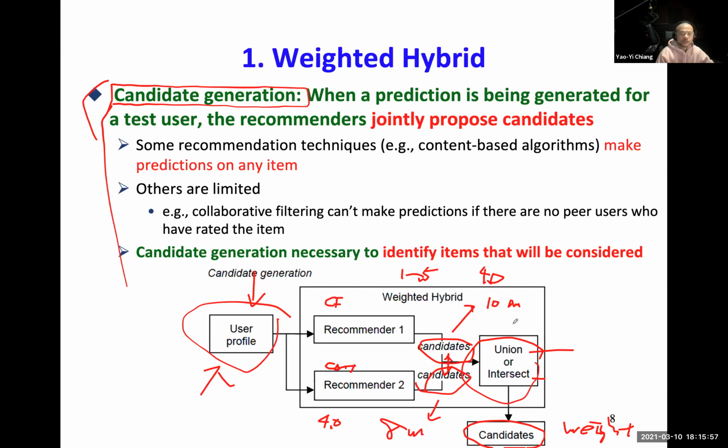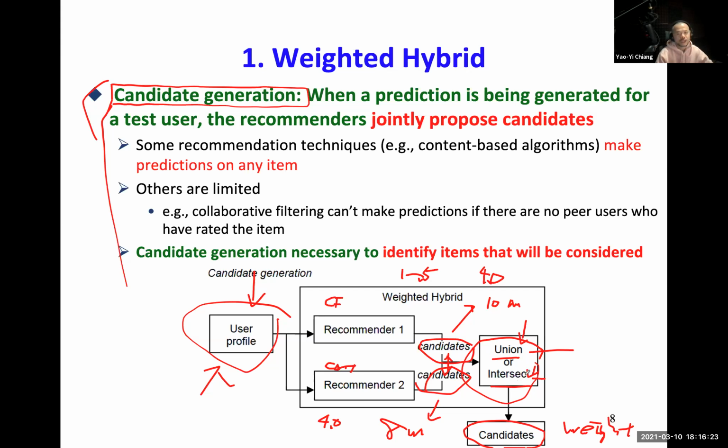So then you have a choice, right? You want to be able to combine the results and show them to the user with your predicted rating. So how are you going to combine these 2 lists? Well, 2 approaches. You can do a union, you can do an intersection. Think about this. What would be the problem of union, and what would be the problem of intersection?